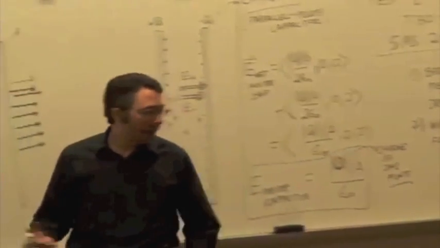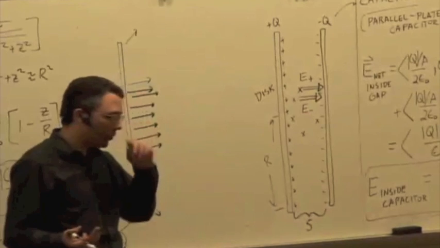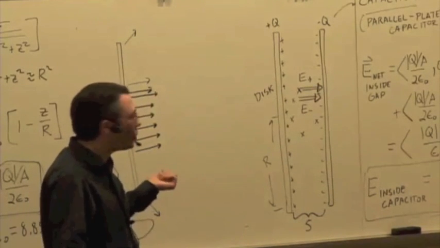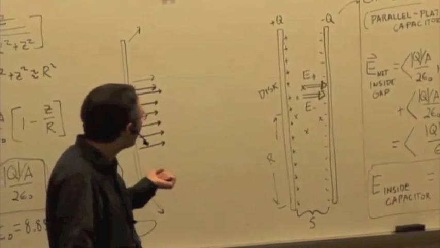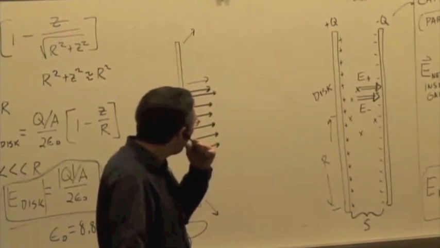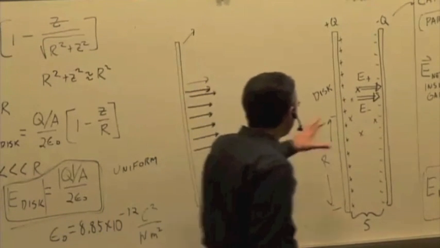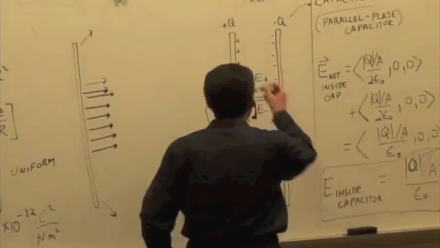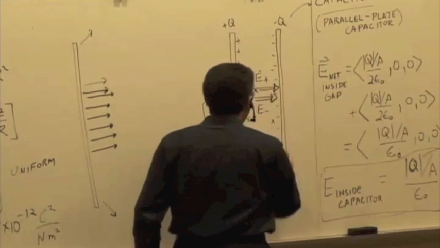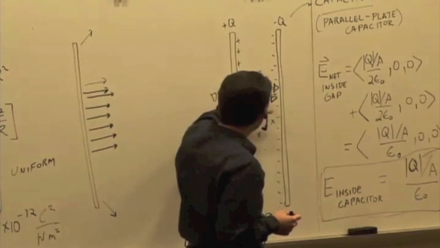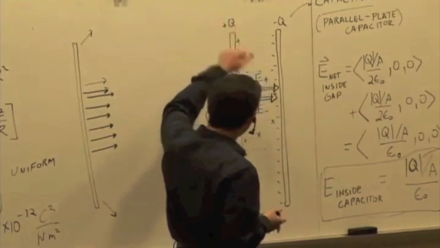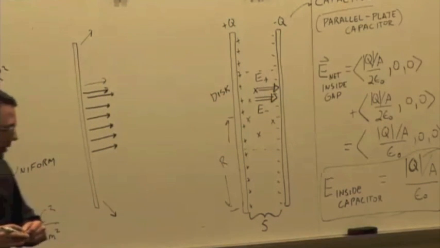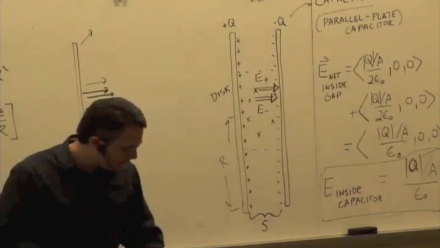So a capacitor is very useful. It has a number of uses, and we'll see those as we go through the semester. It's useful technologically for storing charge and storing energy, which can be used later on. But it's also useful for creating situations where we have a uniform electric field, okay? Because almost everywhere inside this gap, provided it's a small gap compared to the radius of the plates, we get an effectively uniform electric field, okay?